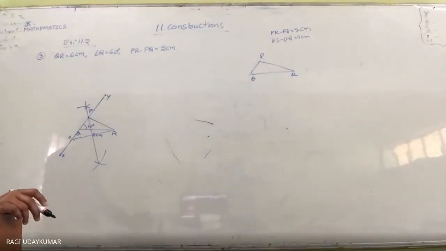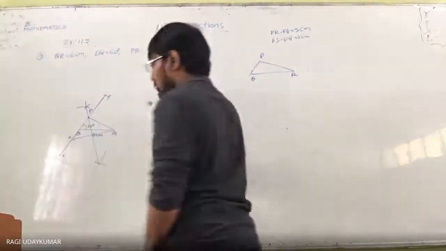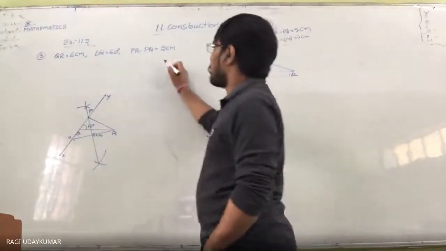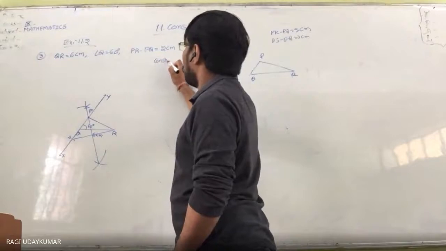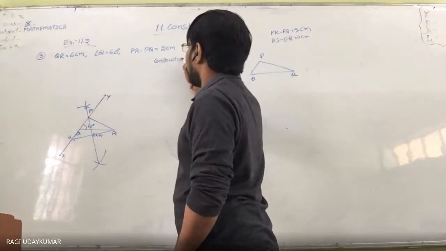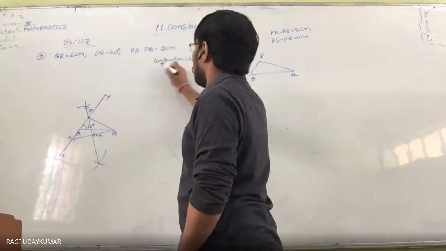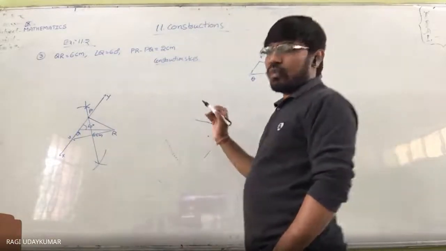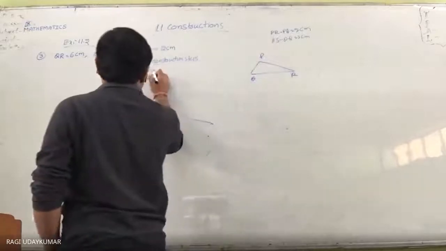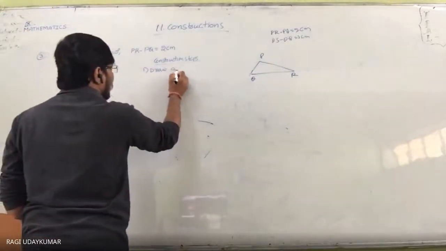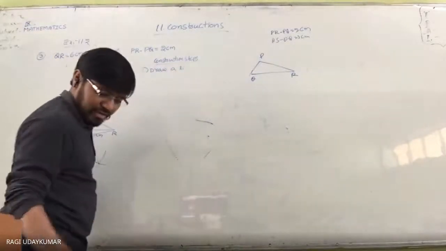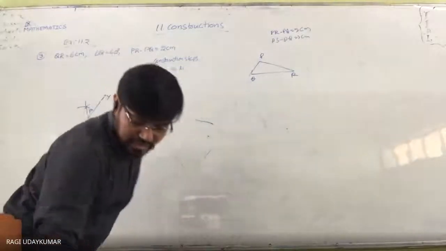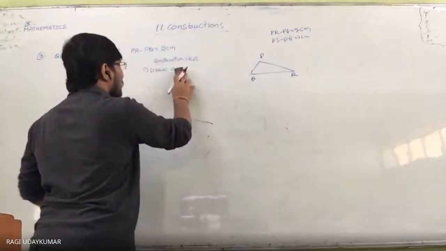Did you understand here? So what steps do you have to write in this situation? Construction steps. Construction steps mean what you have to write here? Draw a line segment. Simple.